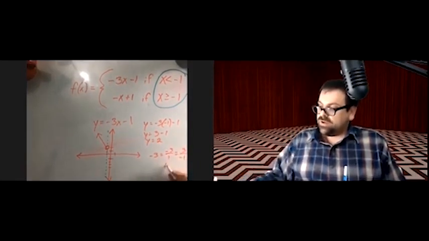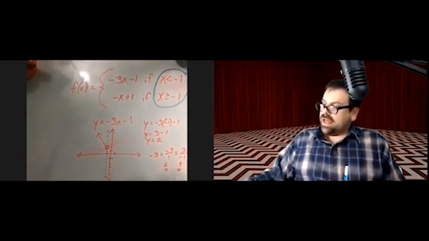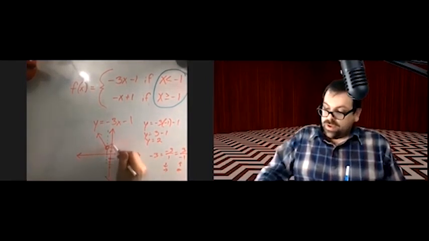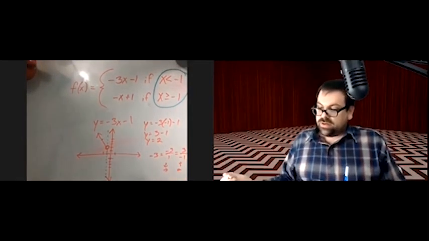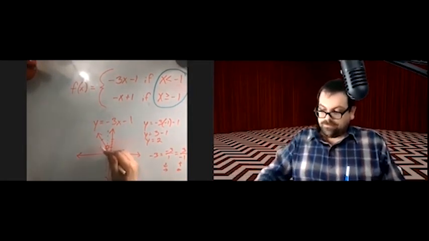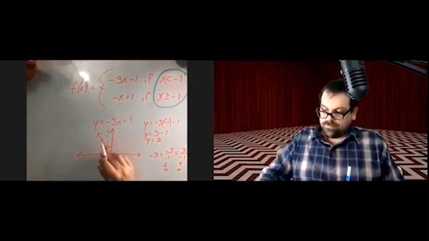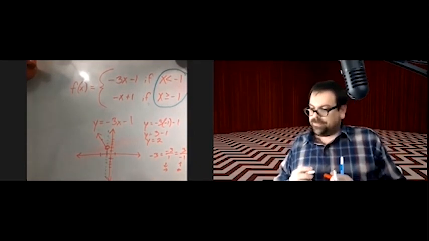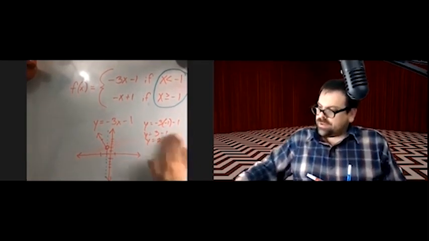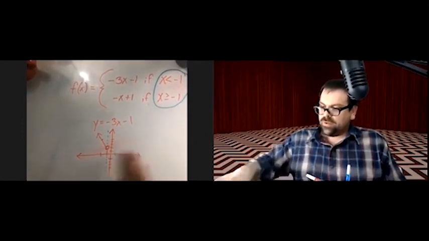So if down and right doesn't work out, we could go up and left. Up 3, left 1. And there's our next point that we would draw through. There we go. So what about the right side?